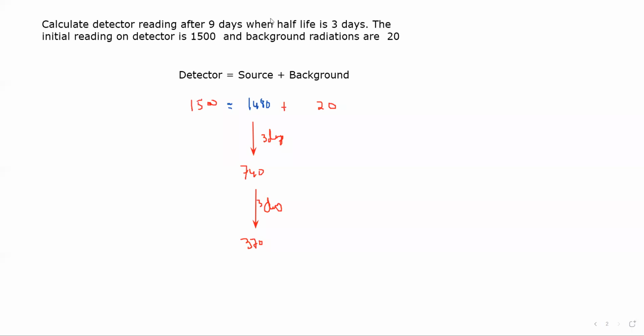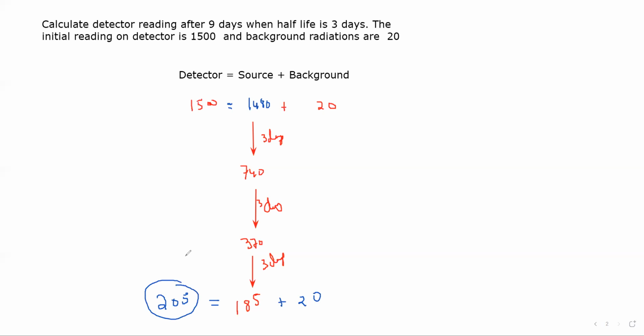Then a further 3 days, 370 divided by 2, so 185. So the source radiation after 9 days will change into 185. The background radiation will be 20. So when we add, the reading on the detector will be 205.